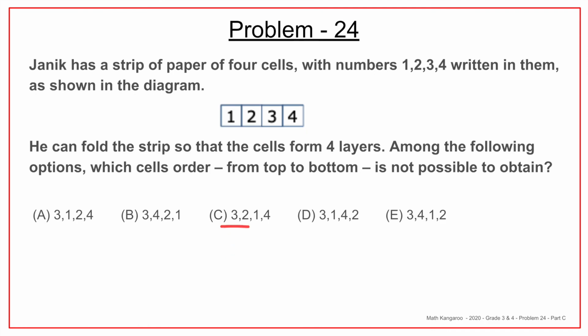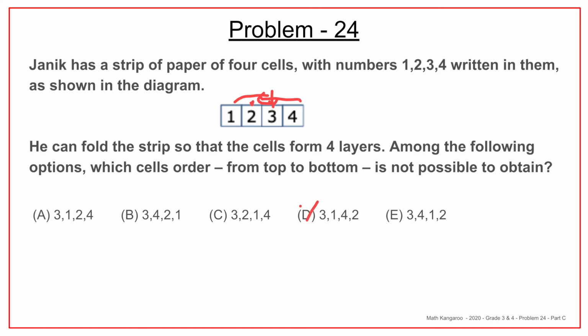Let's move on to option C. We have 3 on top, then we followed by 2 and then 1 and 4 at the bottom. Option D, we have 3 on top, 1 comes in, and then 4 cannot be because it needs to be 2.